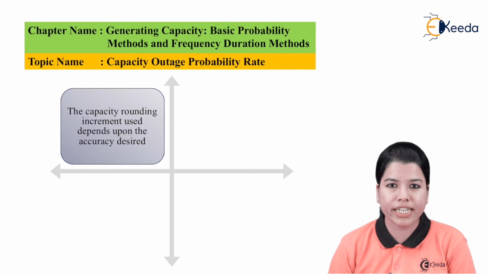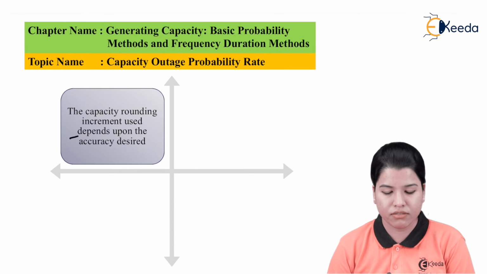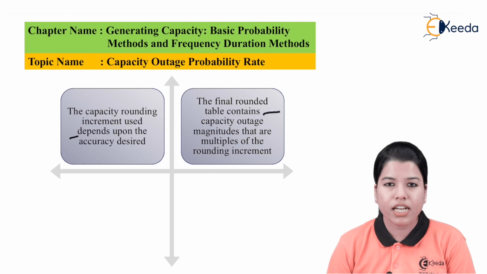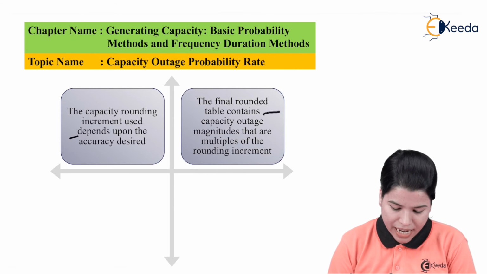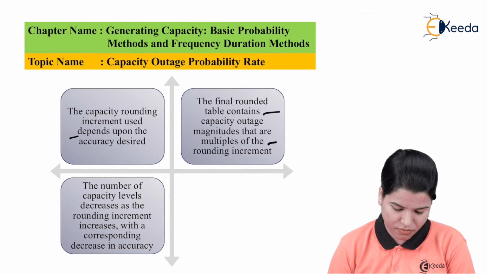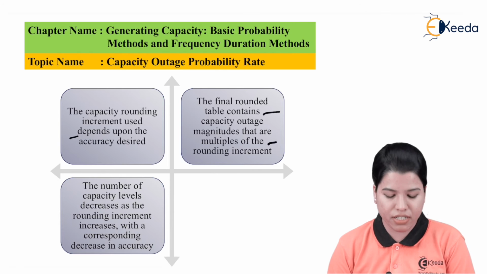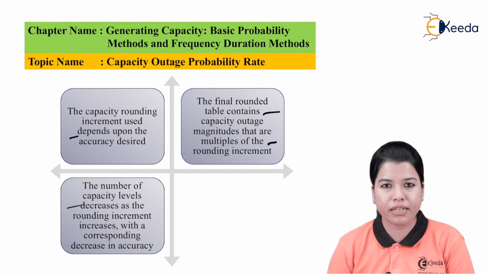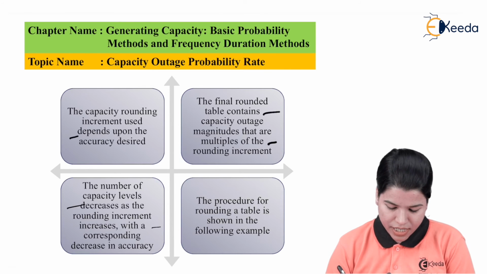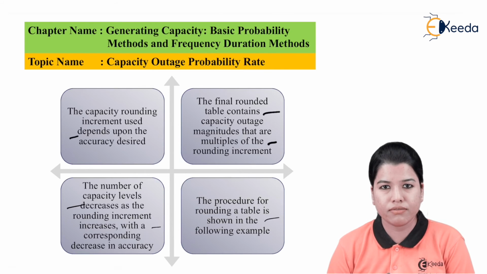So the capacity rounding increment used depends upon the accuracy which is desired. Also, the final rounded table contains capacity outage magnitudes that are multiples of the rounding increments. Now the number of the capacity levels decreases as the rounding increment increases, with a corresponding decrease in the accuracy. So the procedure for the rounding of a table is shown in the following example.